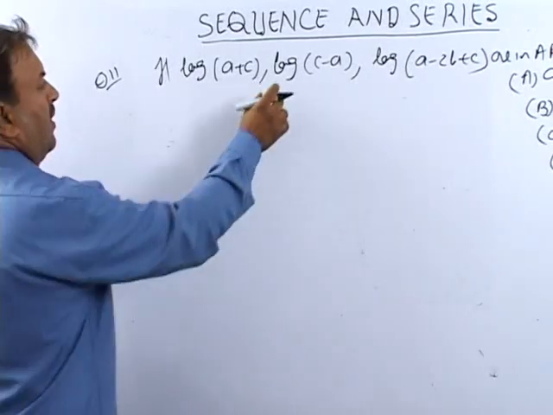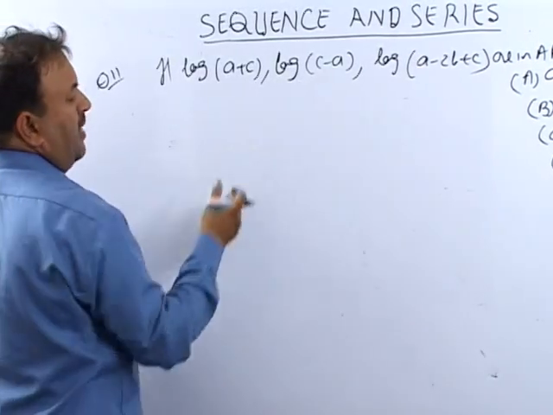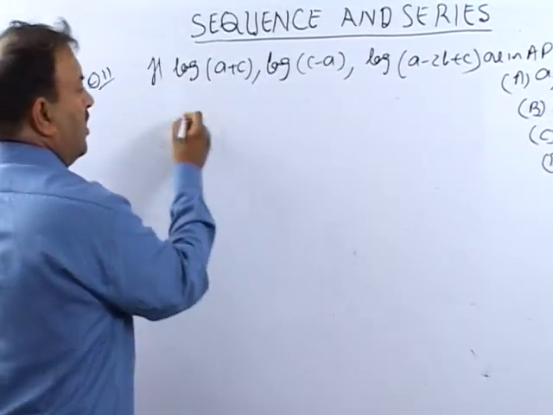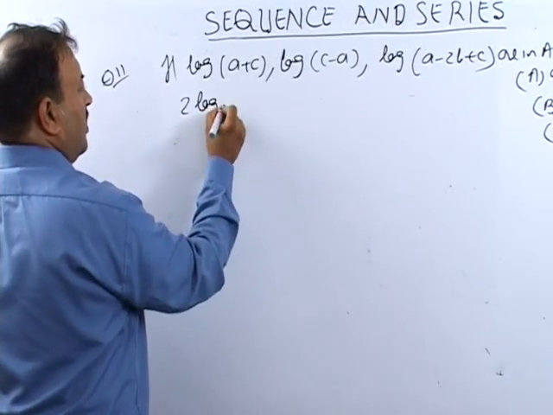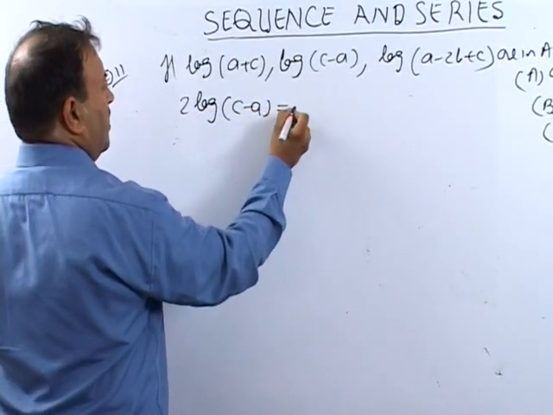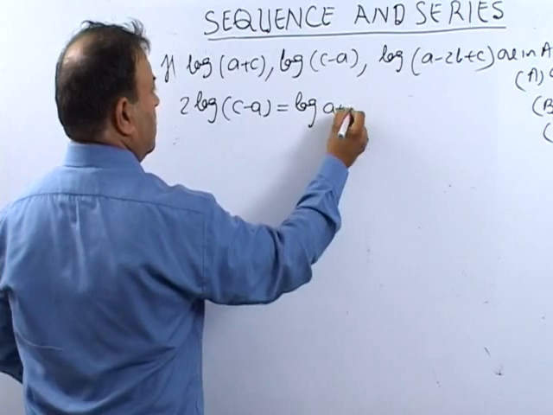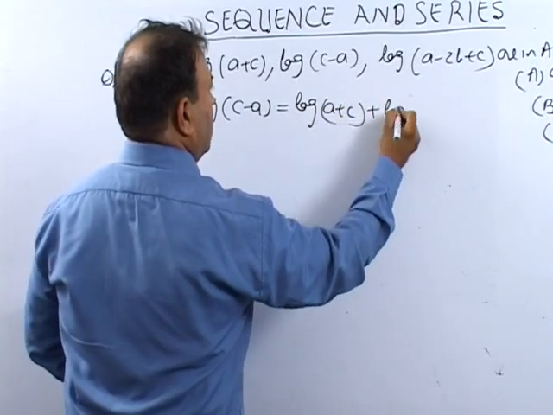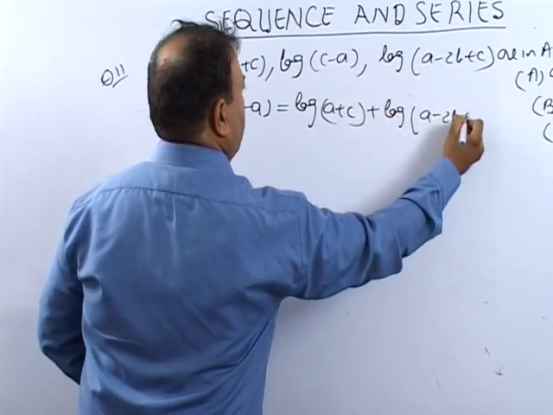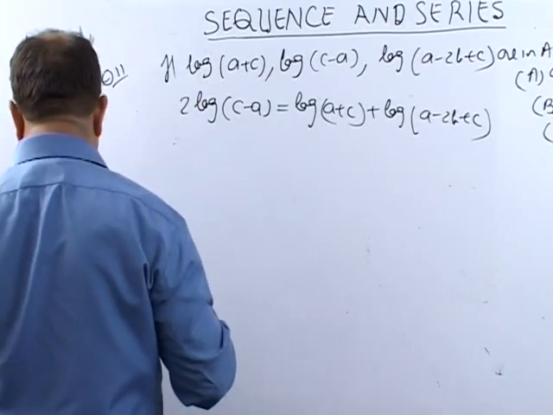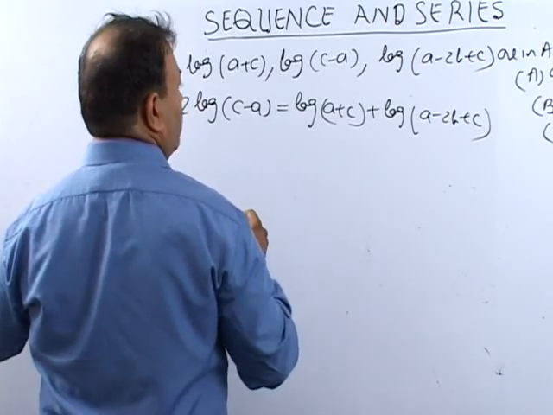Now if three numbers are in AP, as we have done in the last question, twice the middle term is equal to the sum of extremes: log of A plus C, log of A minus 2B plus C. Now we are just going to do it over here.